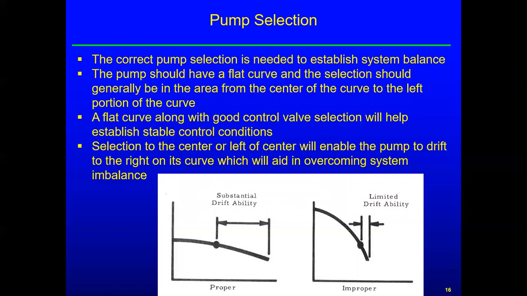You see in the figure on the right, you're not very flexible and you can get into unstable operation with that steep pump curve and control valve, because as soon as that control valve makes a move, it drives the system pressure too high or too low, depending whether the valve opened or shut, and that can lead to instabilities.